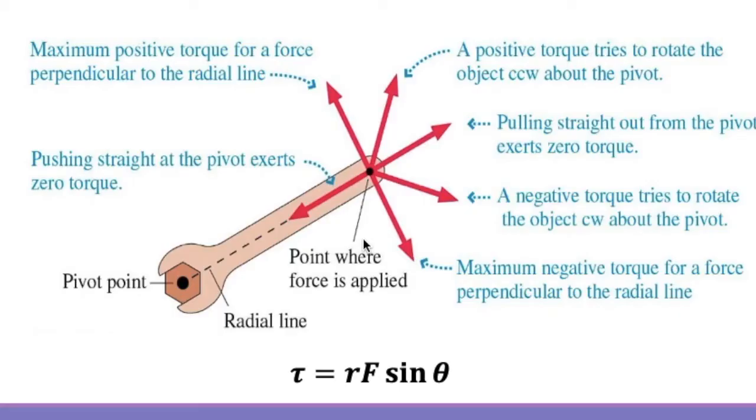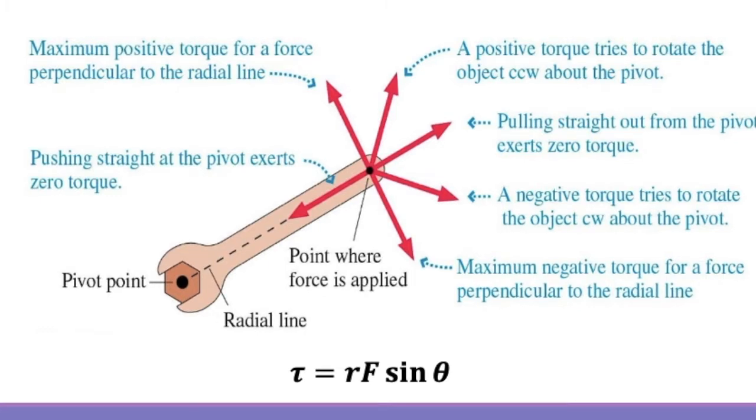Let's look again at a diagram of different forces applied to a wrench. We've seen that forces further from the axis of rotation exert greater torques due to the R variable in the expression for torque. Since the torque is also proportional to sine theta, the maximum torques also occur when theta equals 90 degrees.